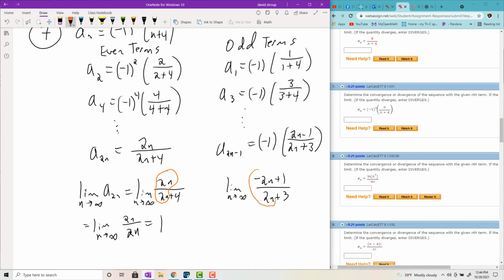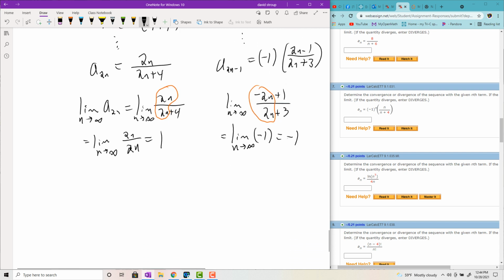You can circle the high degree terms, and that equals the limit as n goes to infinity of -2n over 2n, which is just -1, so here the limit is -1. The takeaway to remember is that if the limit of the even terms does not equal the limit of the odd terms, then the limit does not exist.